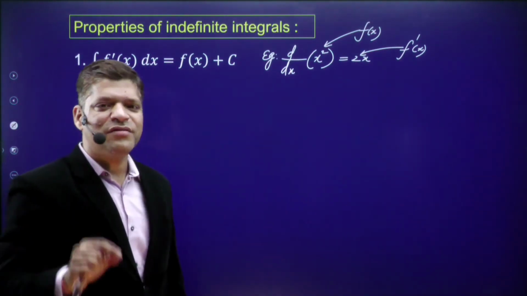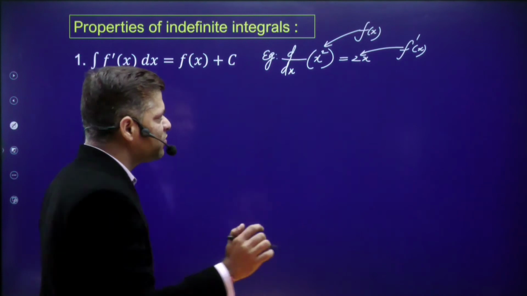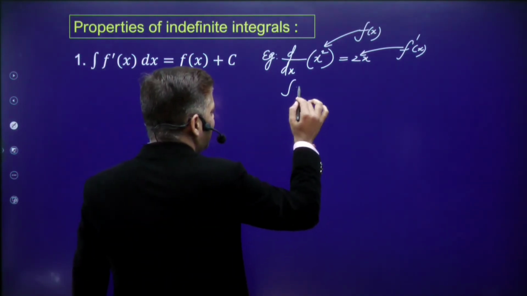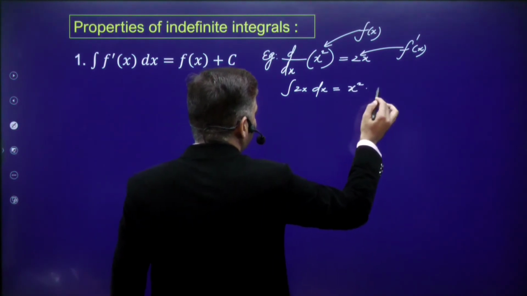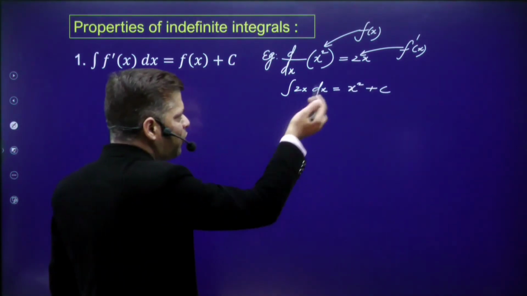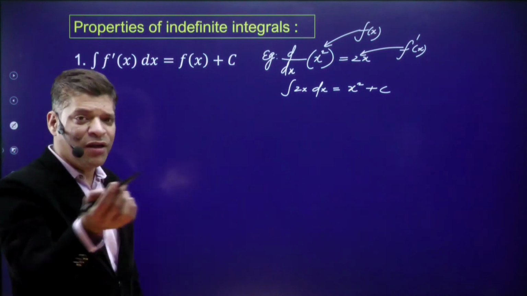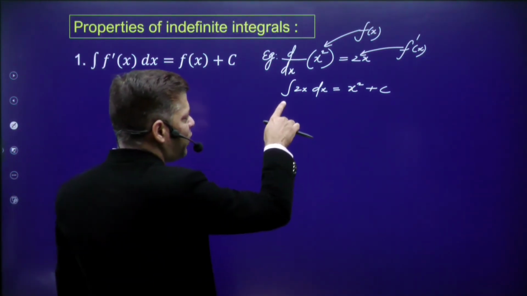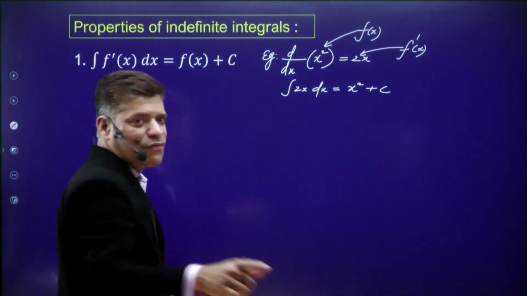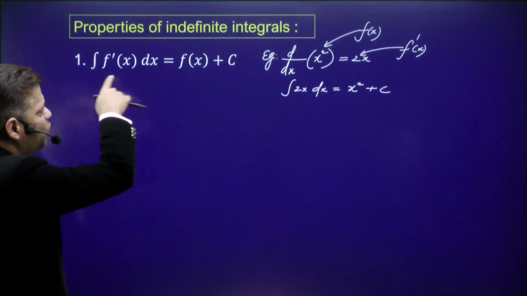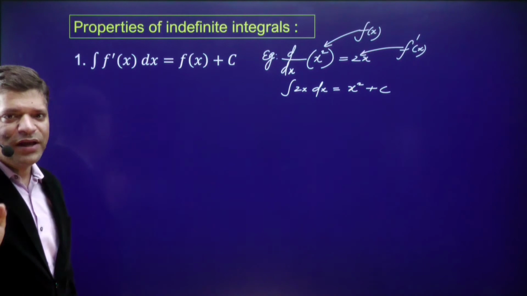X square is the antiderivative of 2x, so the antiderivative of 2x will be equal to x square plus c. Now you compare each symbol, and you will find that integration of f dash x dx is equal to fx plus c. So we prove this property very easily, right?